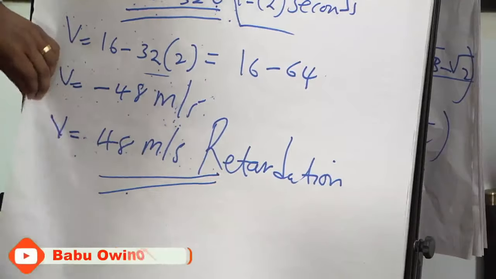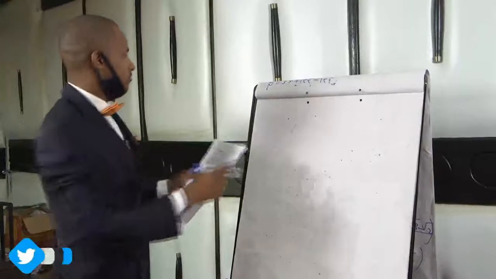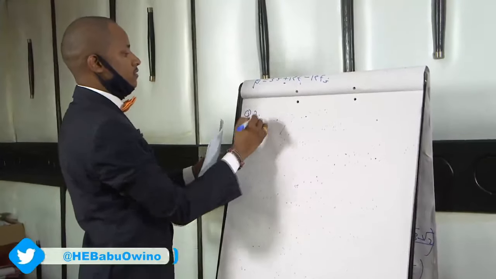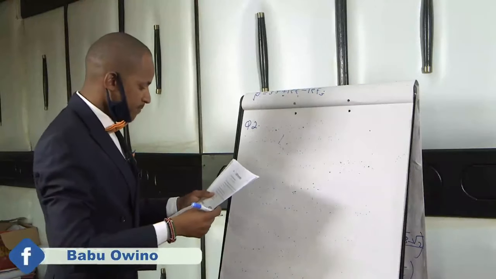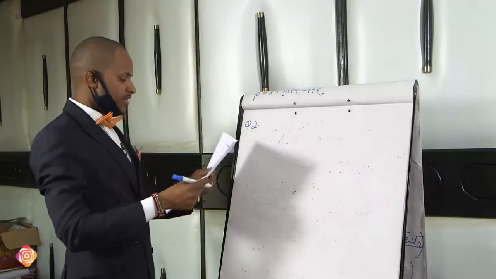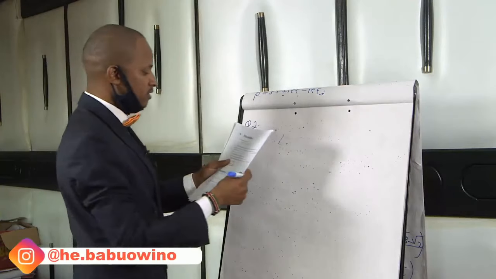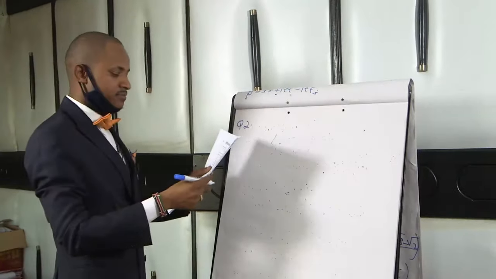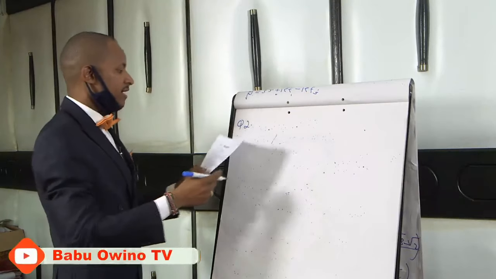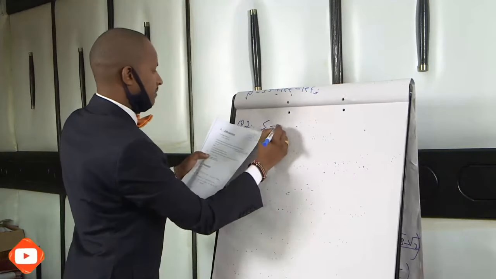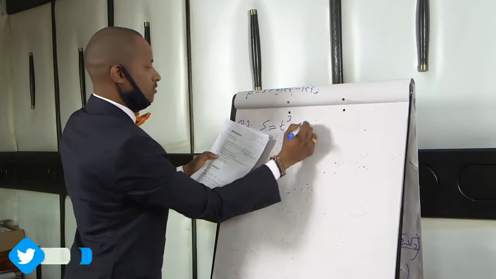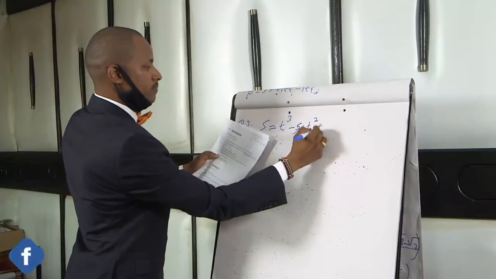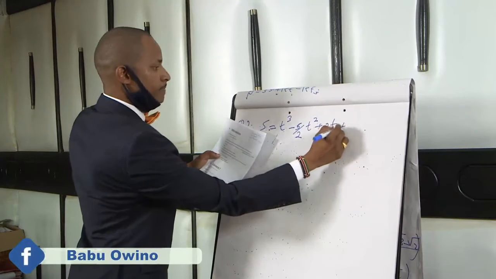Now, we proceed to our next question, question number 2. The displacement from a fixed point of a particle in motion at any time t seconds is given by s equals t cubed minus 5 over 2 t squared plus 2t plus 5.